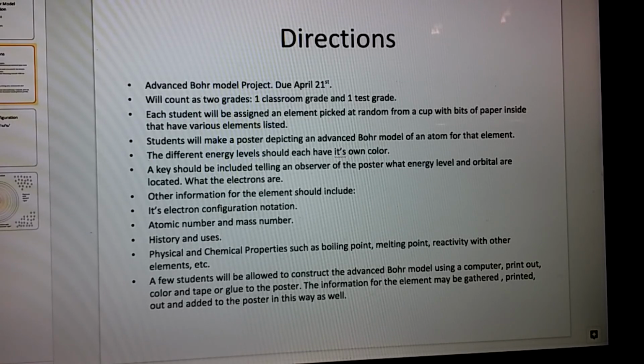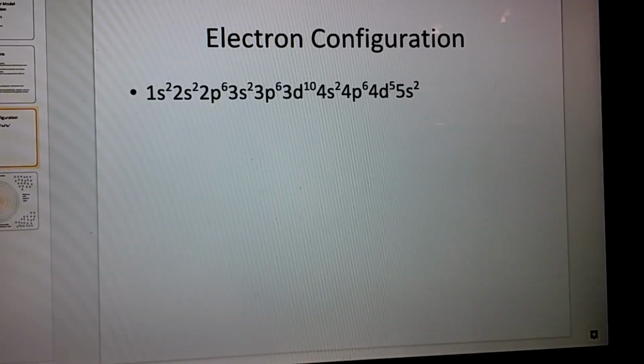Some of them, as a modification or accommodation, I had construct it using a computer printout, coloring tape, and glue on a poster. This was a modification and accommodation for some students. That's the electron configuration for it, or shorthand.